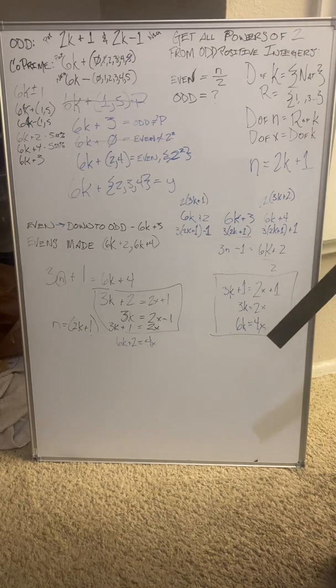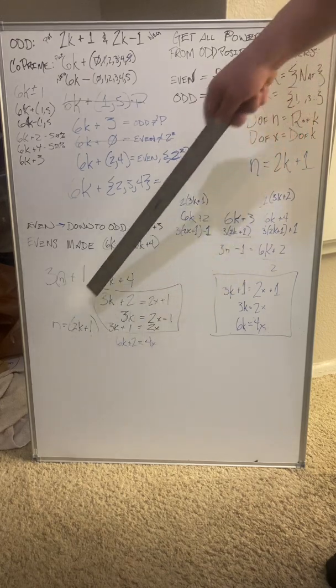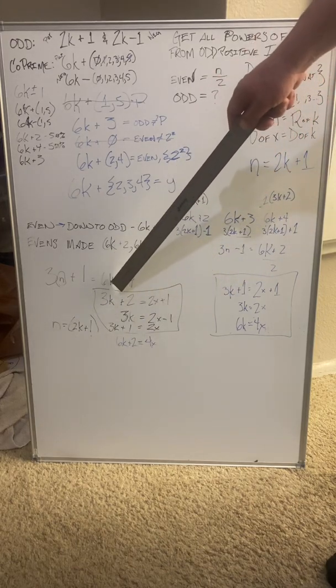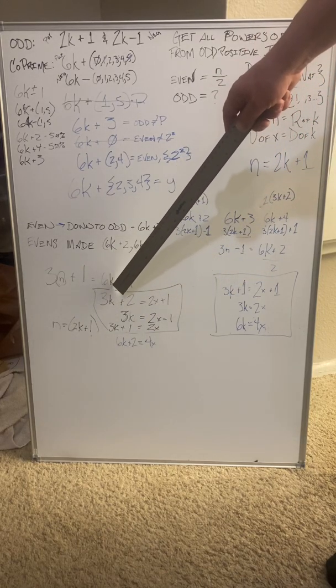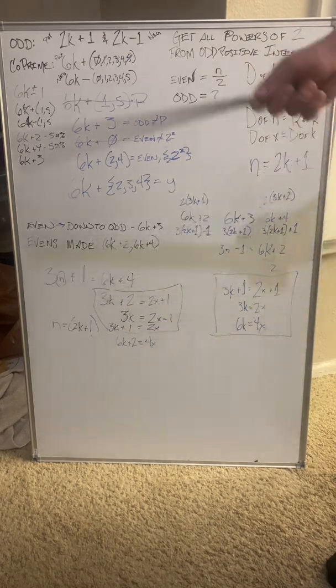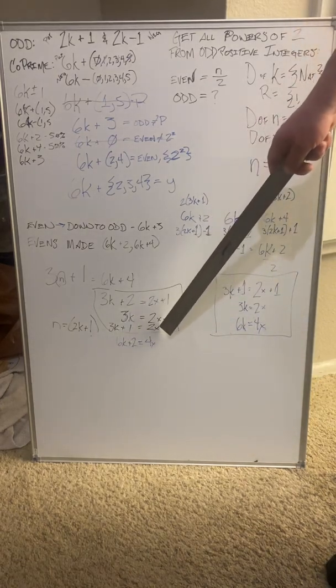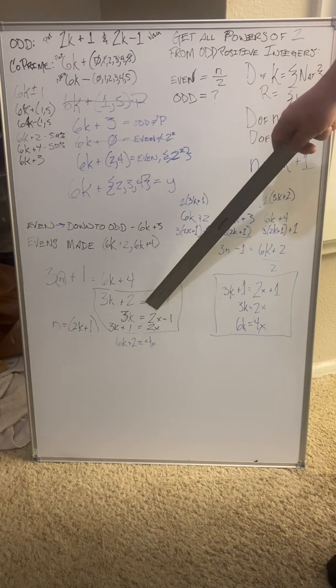I mean, basically, this x is going to get up to here, and if it's even, we'll just keep going down until it gets to an odd. So anytime you reach an odd, you know it'll be of the family that this works with.